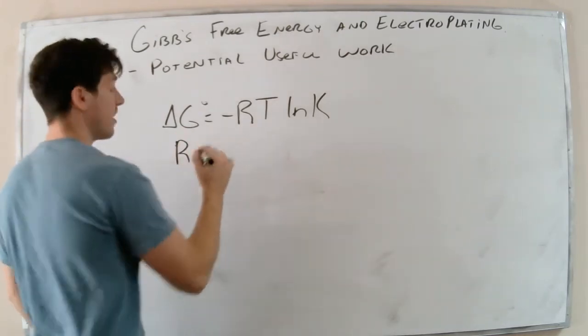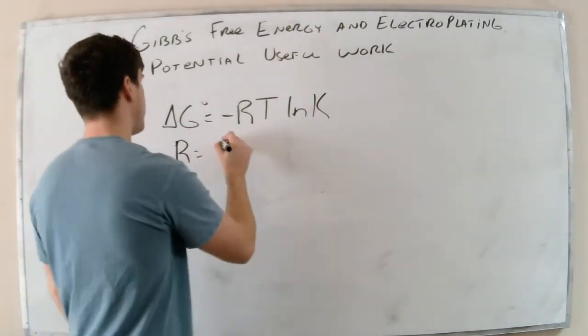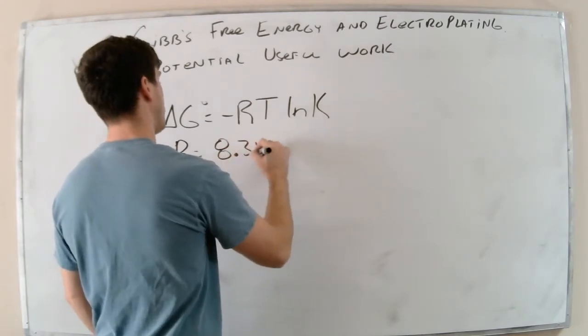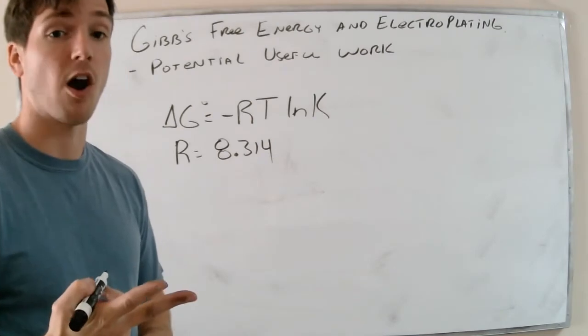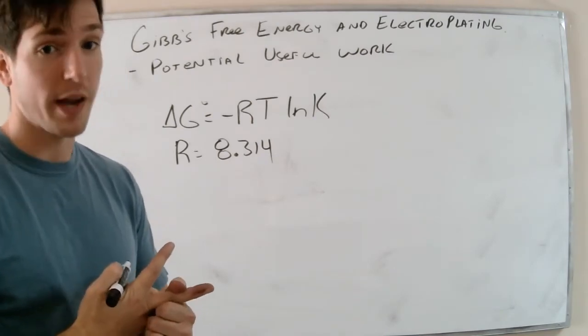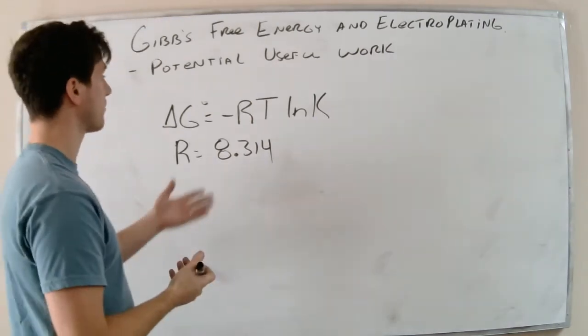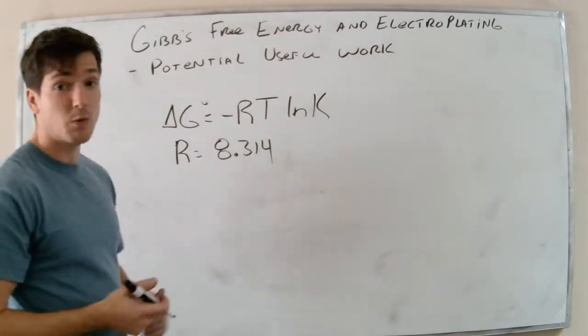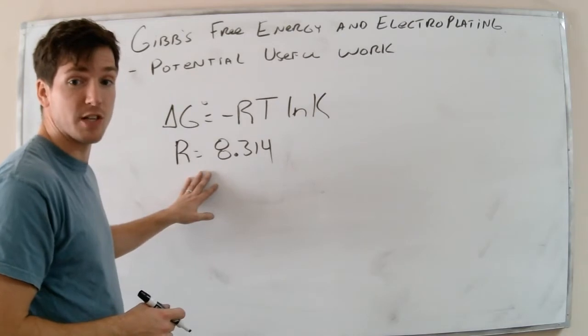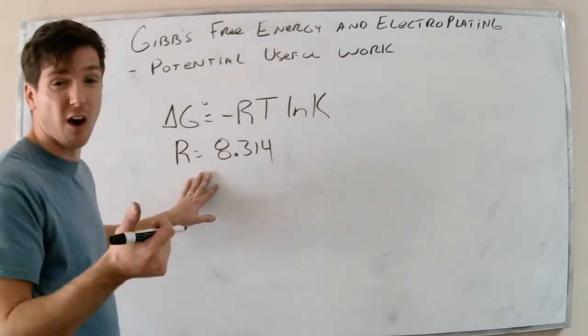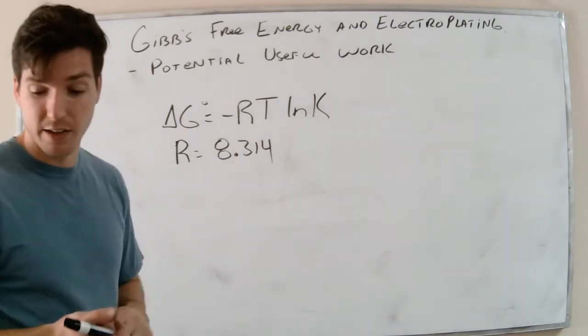R is another constant, and it is 8.314. All right, so there are two R's now. Remember, there is R from PV = nRT, which is 0.08206, and this is R from rat link, which is 8.314. That is on your equation sheet for the AP exam. Just make sure you don't get the R from PV = nRT and the R from rat link mixed up.